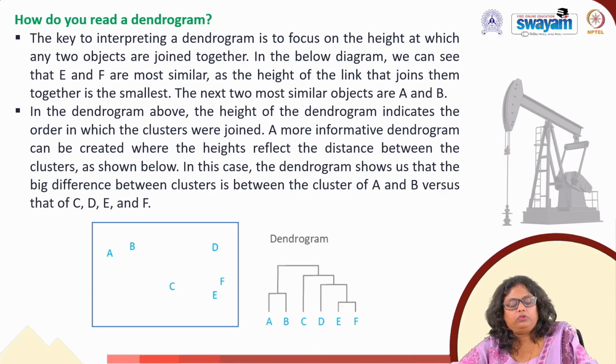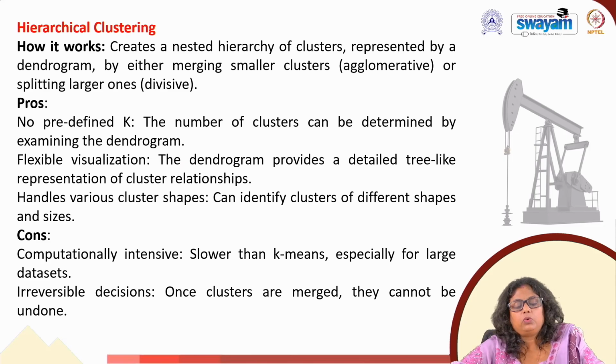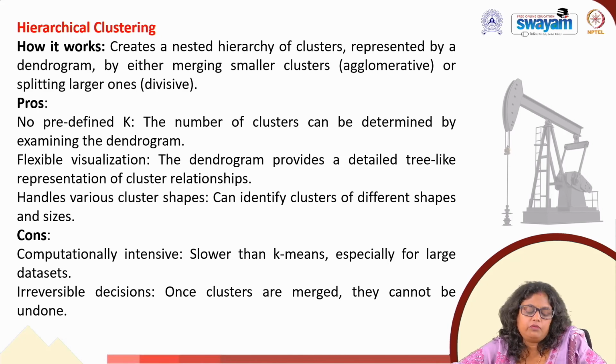So the dendrogram concept we know, and we get some idea of hierarchical clustering. There are two types we learned: bottom up and top down. So bottom to top and top to bottom. One is agglomerative, and then we have the divisive.